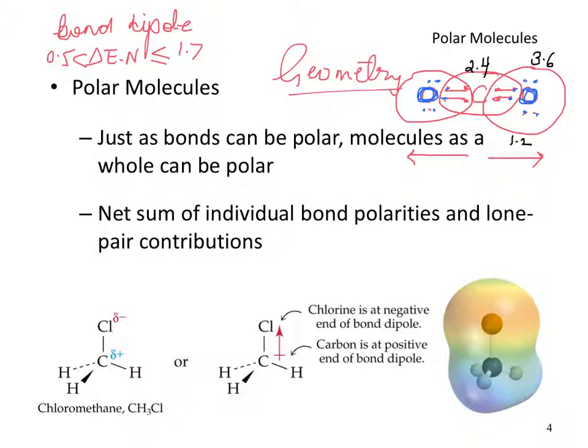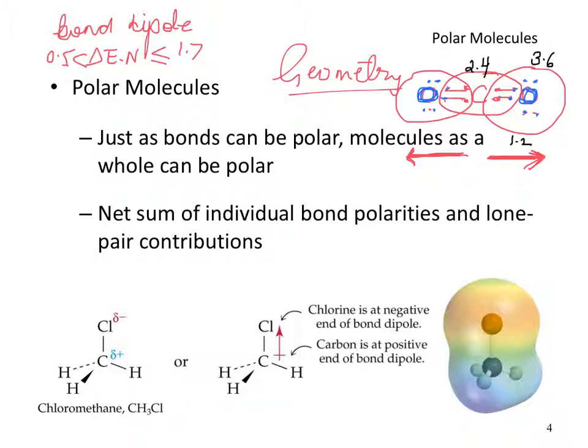So the extent with which the electron density was pulled towards the first oxygen is the same extent that the second oxygen pulls the electron density towards itself, and hence CO2 together as a whole is non-polar, even though it does contain polar bonds.